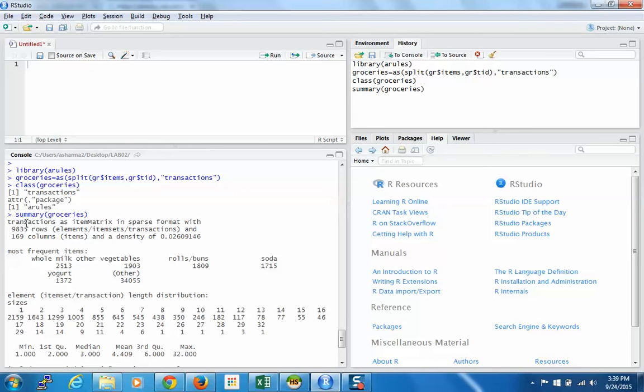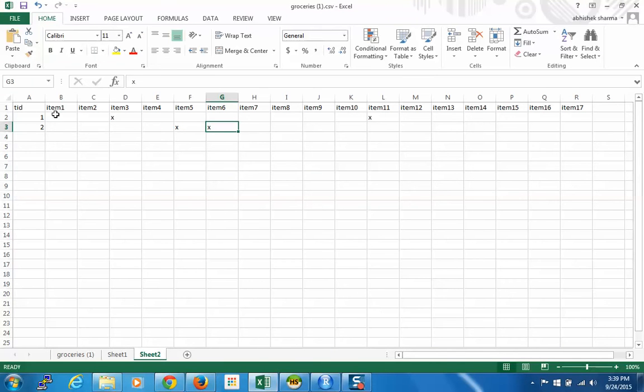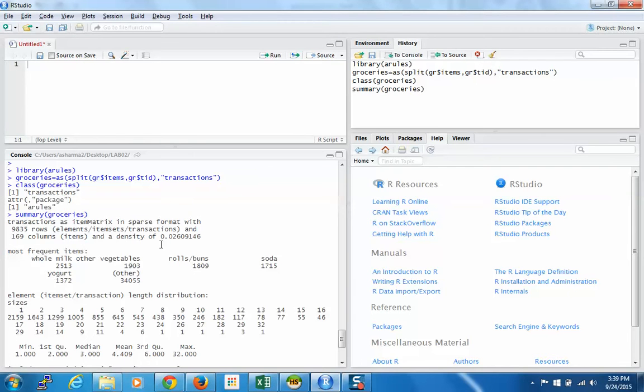Once we do the summary, we find that the transaction is an item matrix in a sparse format. The sparse format is exactly this format where you have item 1, 2, 3, 4, in this case 169 items, and then all these transactions, 9,835 transactions. Whichever item is bought is populated, others are thrown away, and that is called a sparse matrix.